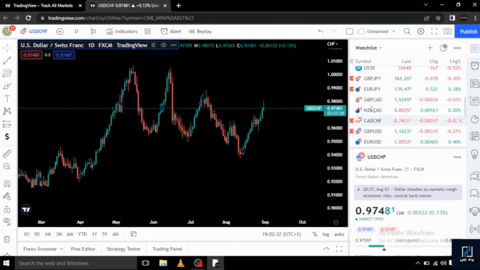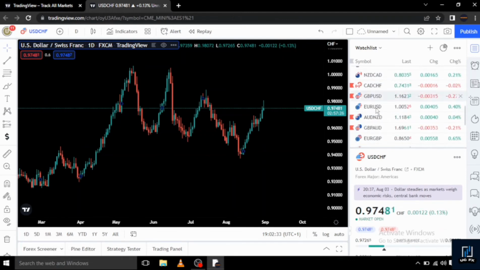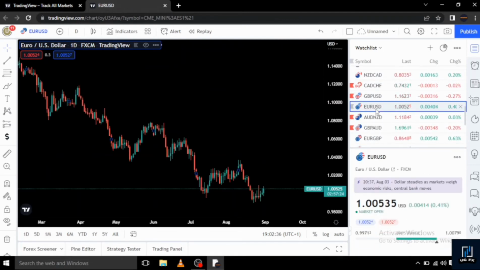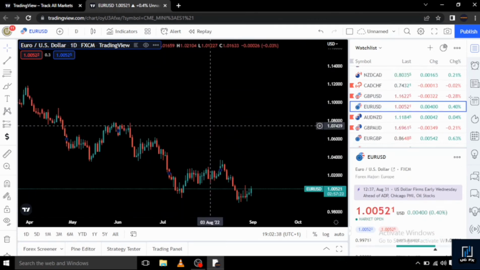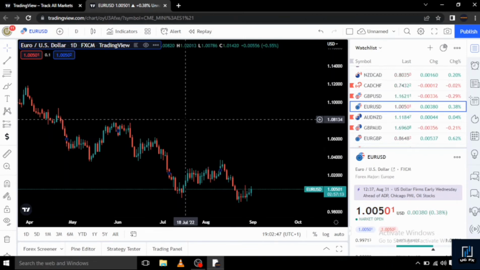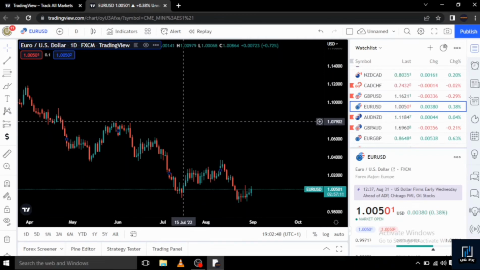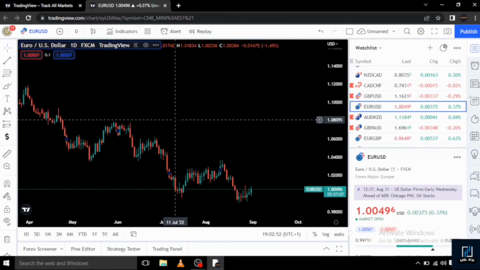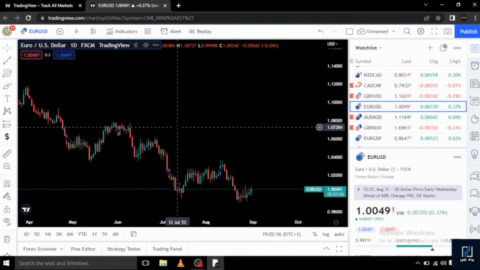So it will be in a downtrend. But the Euro USD actually has a higher percentage of being negatively correlated with this DXY. That is, the DXY is an inverse of the Euro USD, although not perfectly, but it is the closest.